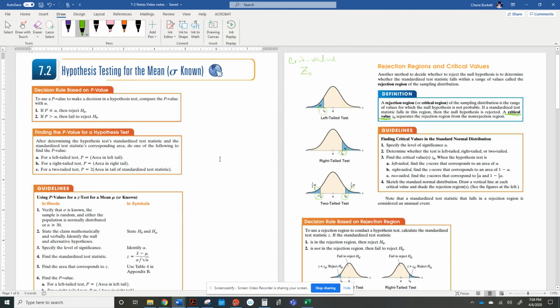So to finish up that problem, we're going to refer back to this part right here. It's asking us to find a p-value and compare it to our alpha value.